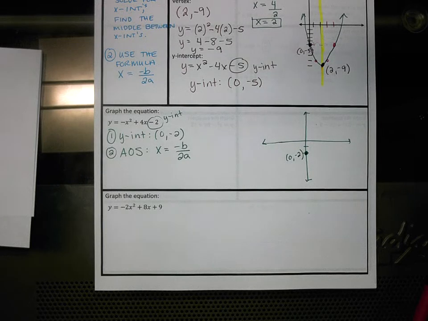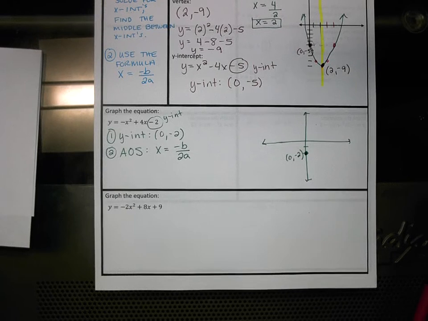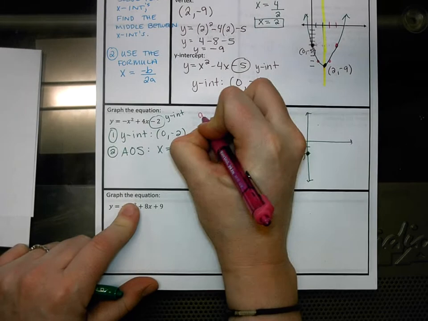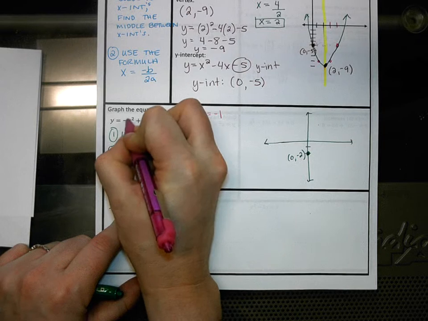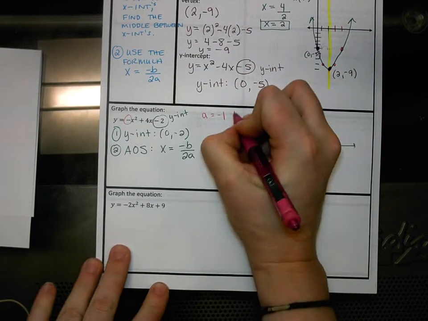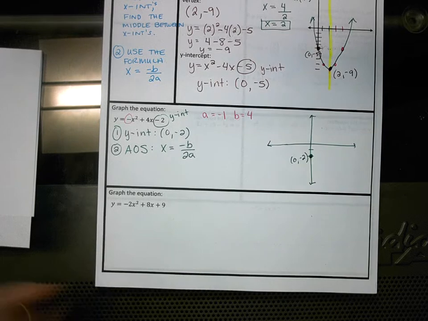All right, so what are my a and b values? A is negative 1. That comes from right here. What was B? 4.